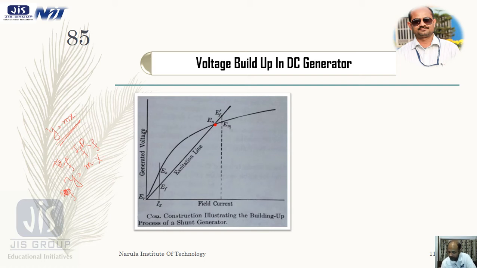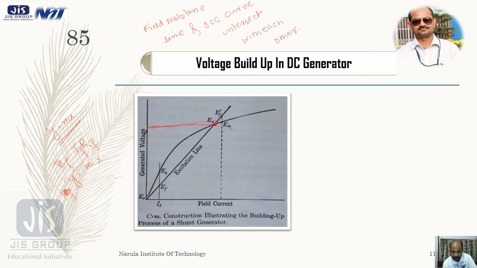Now equilibrium will be reached when generated voltage, that means this is the generated voltage, in this point where this field resistance line and OCC curve intersect with each other.